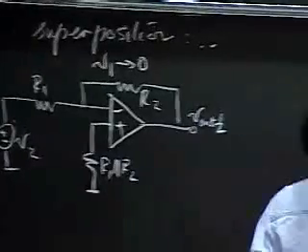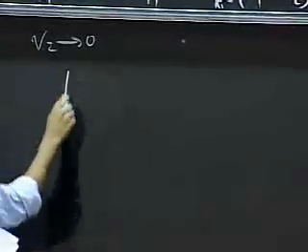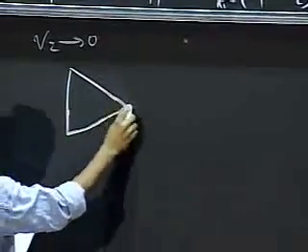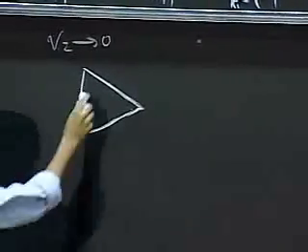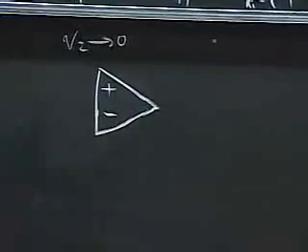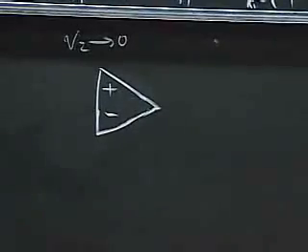So let's do the second one too. The second one is V2 going to 0. Here's my little op-amp, and what I'll do is simply flip the op-amp around, to see if we can identify some interesting patterns.